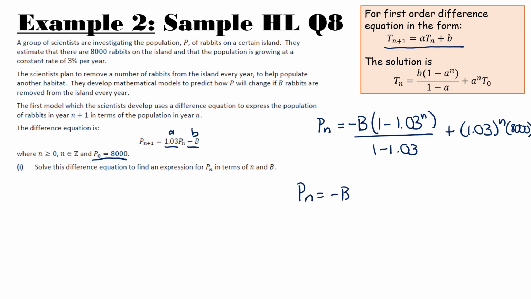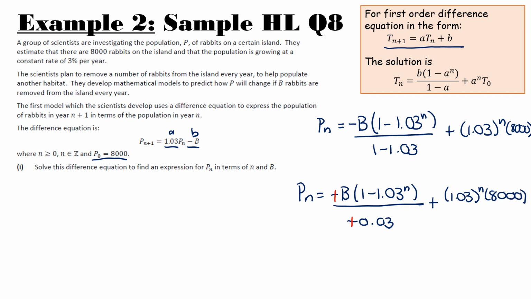So I'm going to tidy up the bottom of the fraction. And that's going to give us a negative 0.03. And then the negative on the top and the bottom will undo each other. We're left with just B over 0.03 plus 1.03 to the power of n times 8,000.